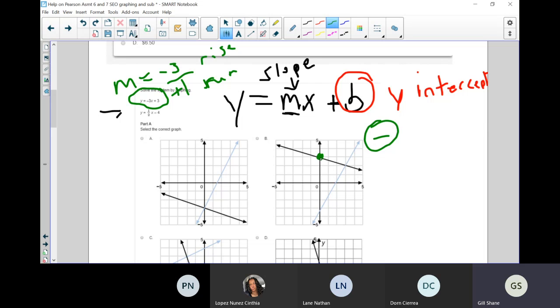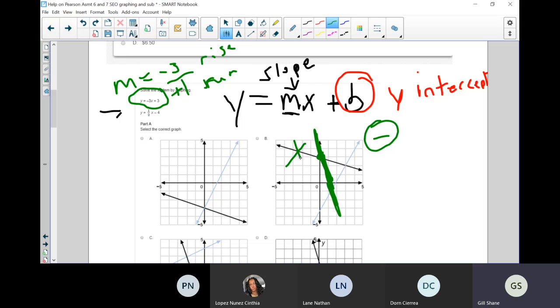And then a -3 means I go down, not up, but down 3. Well, if that's where my next point is, then my line really would look something more like this. It would be way more straight up and down. So that is not the correct line. It's too flat. It's not the correct line to have a slope of -3.